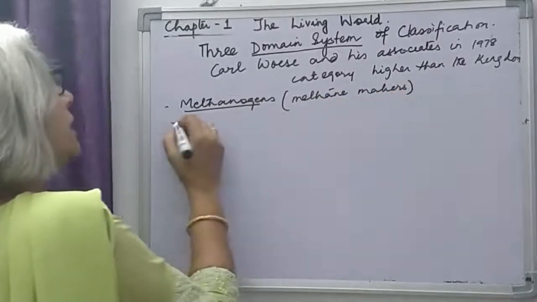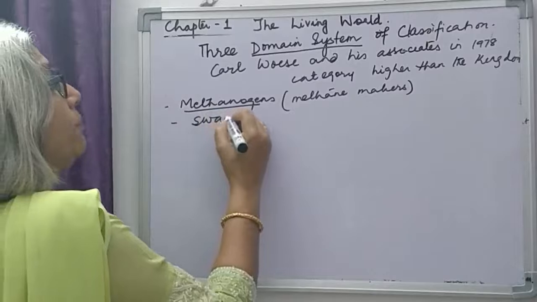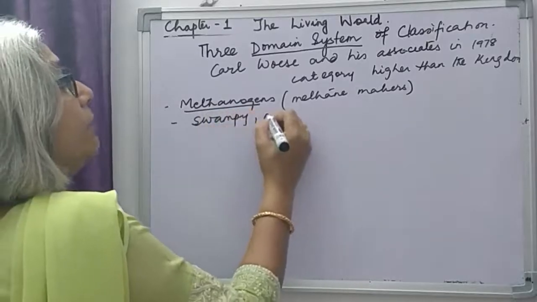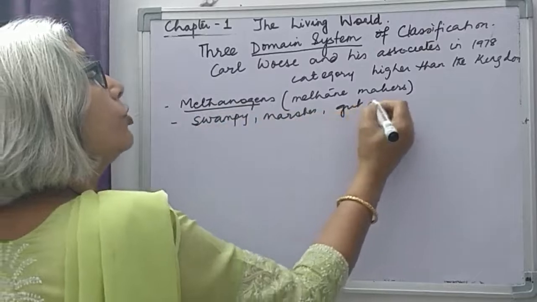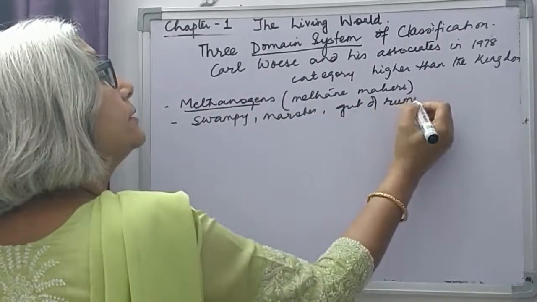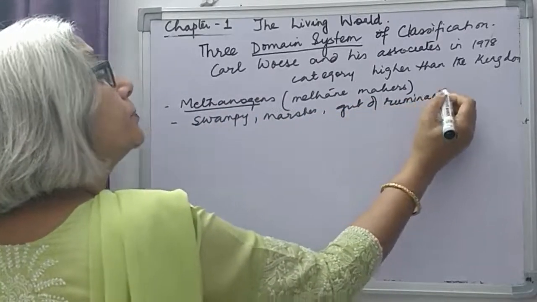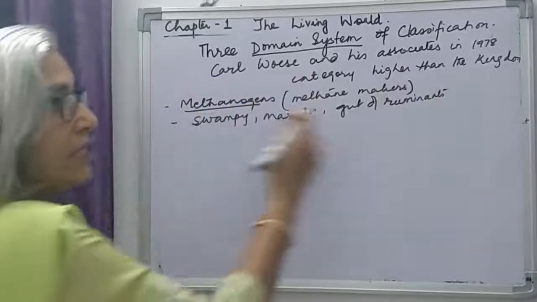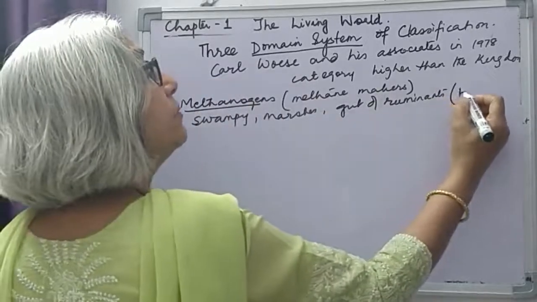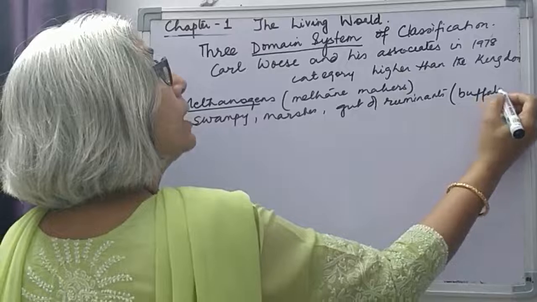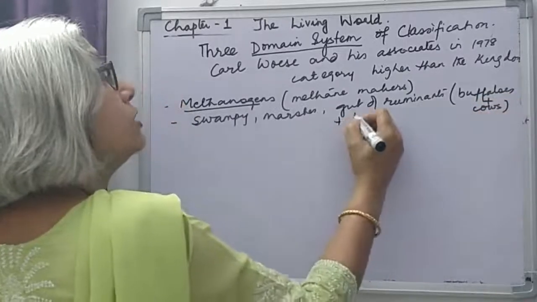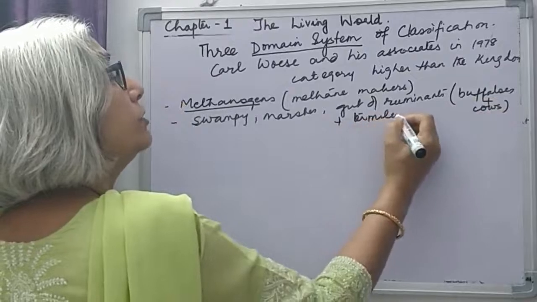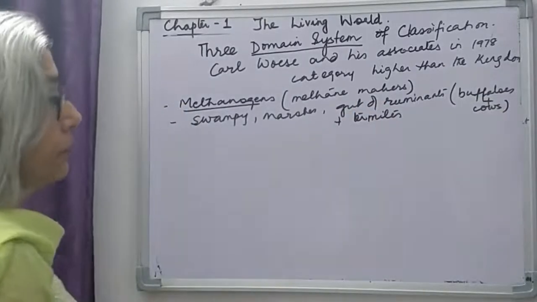Now these are found in swampy regions, in marshes, in the gut of ruminants, that is the buffaloes and cows, and also in the gut of termites.